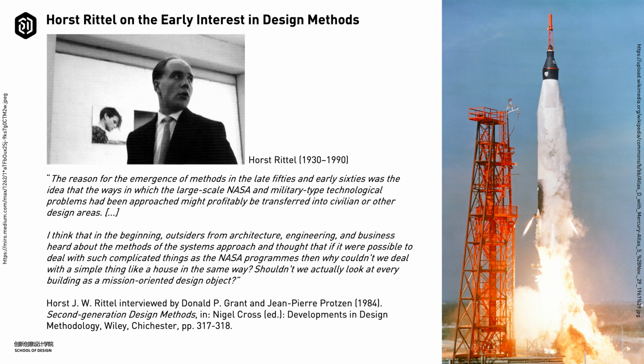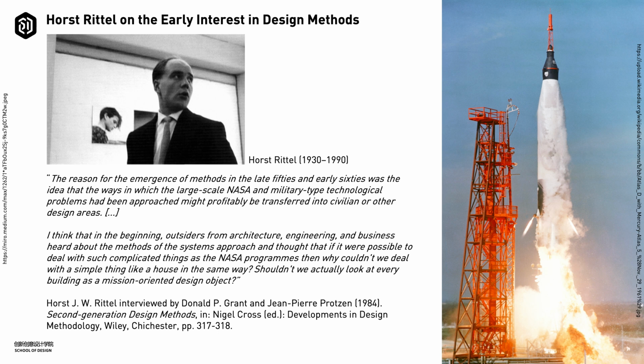I think that in the beginning, outsiders from architecture, engineering, and business heard about the methods of the systems approach and thought that if it were possible to deal with such complicated things as the NASA programs, then why couldn't we deal with a simple thing like a house in the same way? Shouldn't we actually look at every building as a mission-oriented design project?